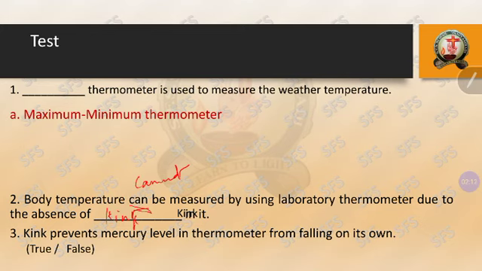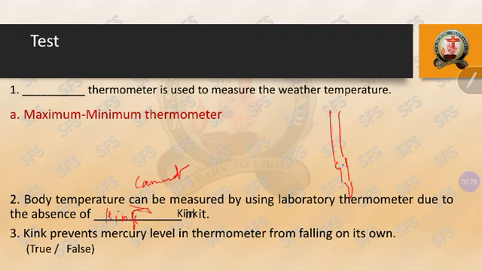Kink is something like, as I said in the previous class, consider this is the thermometer. Below the thermometer there will be a small kink like this. This part is the kink.